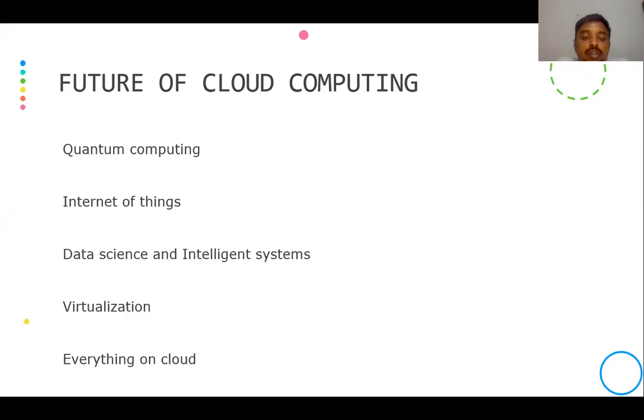We have the Internet of Things. The most simple example that I can give you is, let's say you can control all the electronic equipment inside your house via a phone app, right? You can choose what things to turn on, what things to turn off.